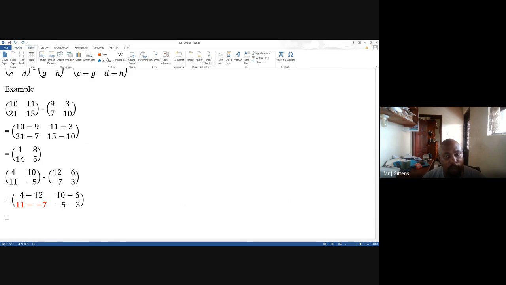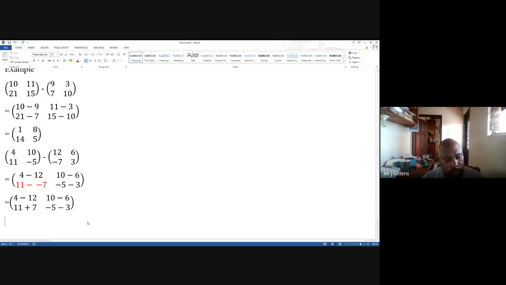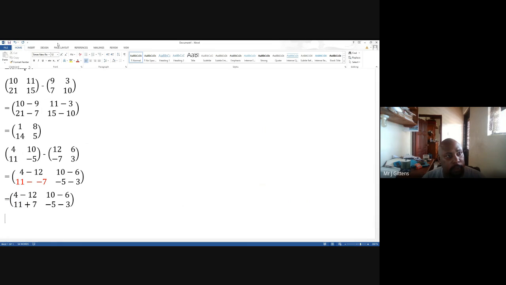So let's get the matrix further. 4 minus 12 remains, 10 minus 6, and we have 11, and a negative minus a negative is a positive, so it becomes plus 7. And then finally, negative 5 minus 3. Let's simplify this.